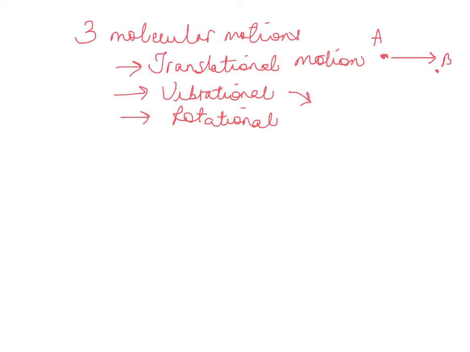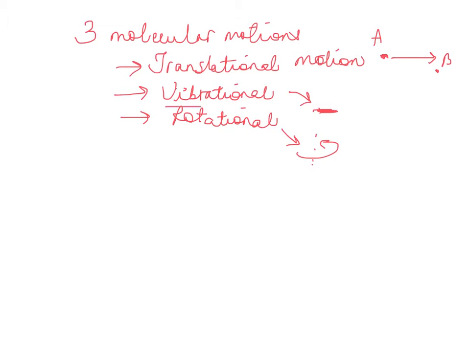Vibrational motion is where the organic compound basically vibrates to and fro about an axis, and we'll talk about that. Rotational motion is when you have a molecular axis and the compound rotates about that, and you use the word rotational to signify that.